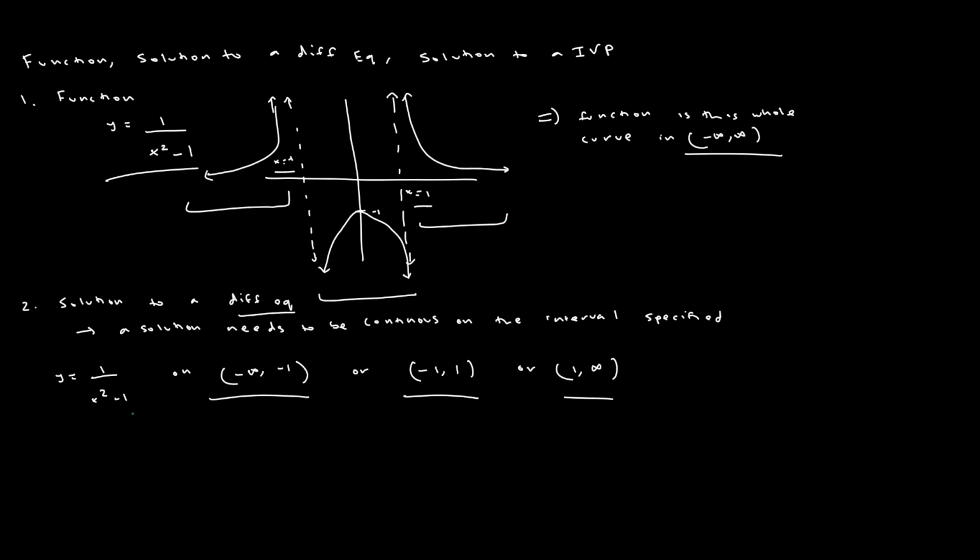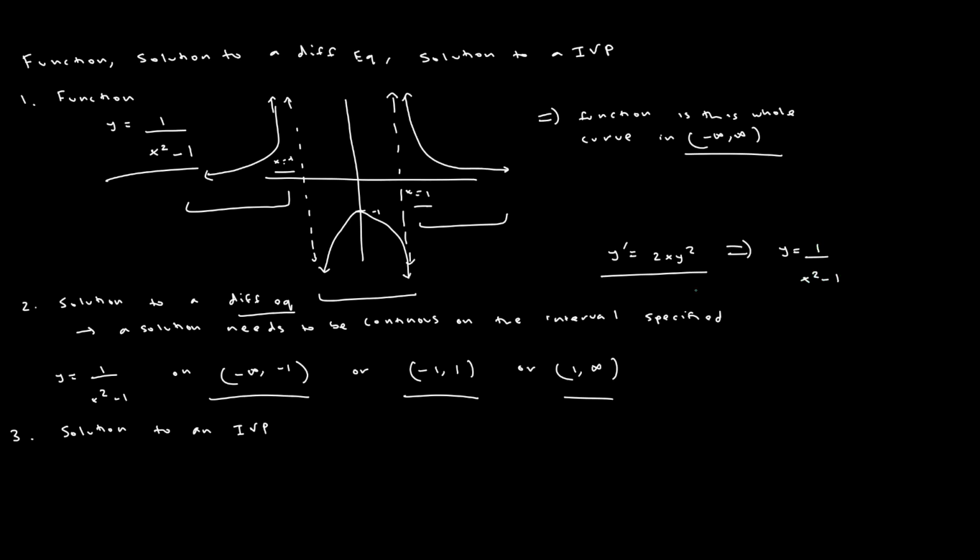Now, finally, a solution to an initial value problem, right? And I think one thing that could particularly help is the differential equation for all of these is y prime is equal to 2x y squared. So this equation satisfies the given differential equation.